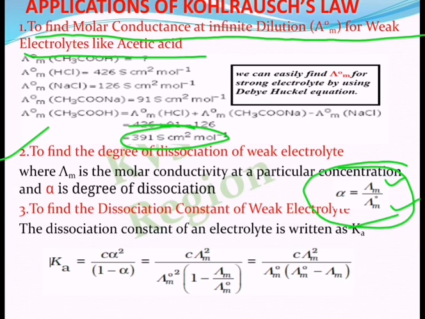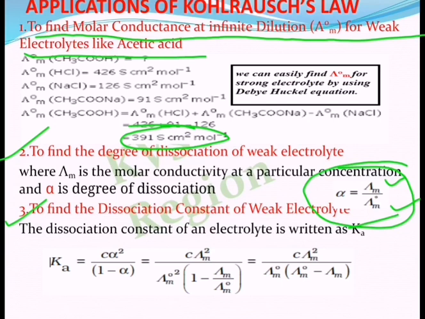Clear? Now the third application, that is to find the dissociation constant of a weak electrolyte. In 11th class you learned about the dissociation constant, the ratio of dissociated to undissociated molecules.